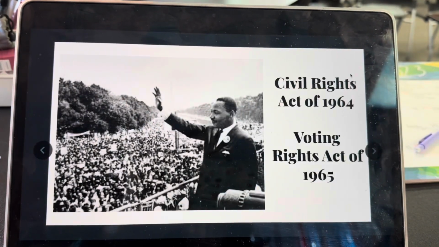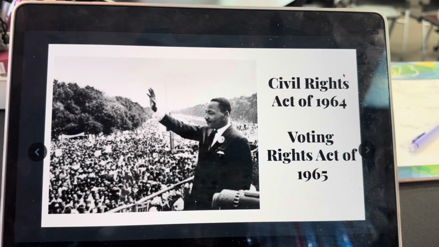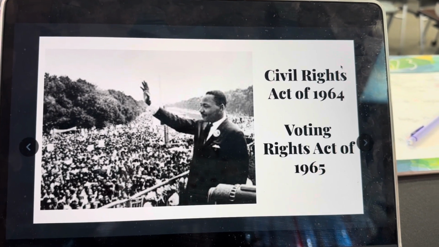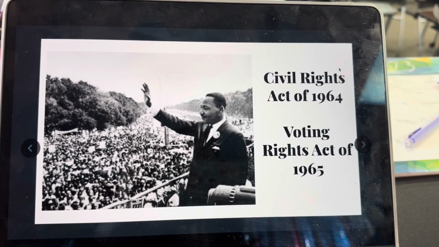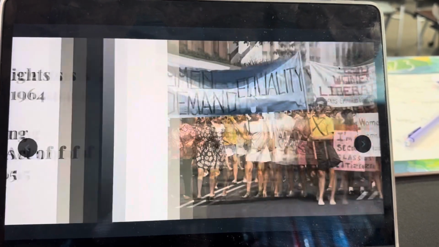We talk about the Civil Rights Act of 1964 and the Voting Rights Act of 1965. Those are great back pocket references for my We the People competitions and what is in those different acts.